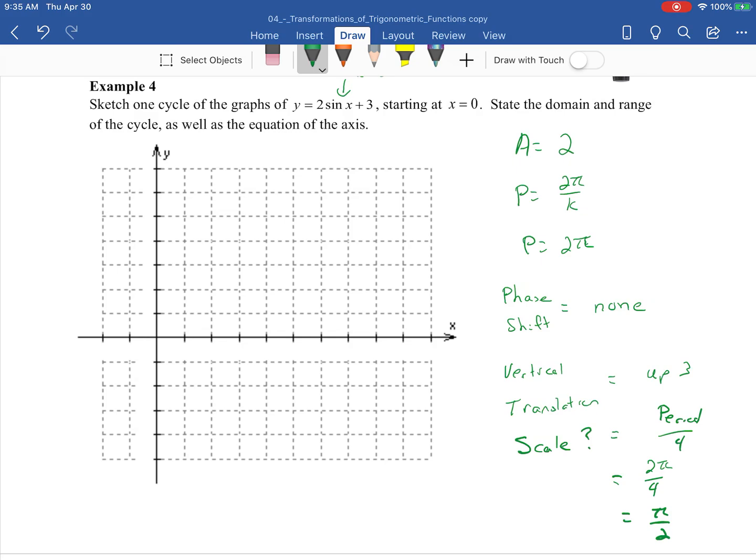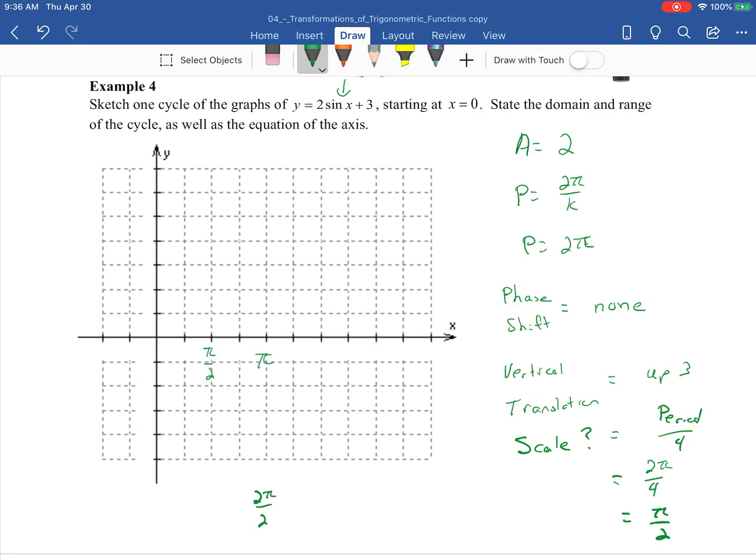And just in the interest of making this picture big, I'm going to use a scale here of pi over 2 for every second square, just to make the picture big so you can see it. Pi over 2 for every grid line would be a great choice as well. Now, follow my thinking here. If the scale's pi over 2, I'm counting by pi over 2s. So pi over 2, then 2 pi over 2, which I'm going to write down here.